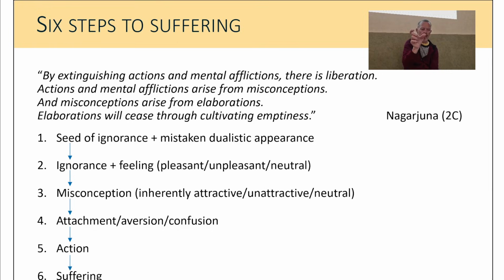And here the word elaboration is another word for ignorance. And then elaborations or ignorance will cease through cultivating emptiness. So he's telling us how to overcome suffering, how to achieve liberation through cultivating this wisdom of emptiness, this vipassana practice of emptiness that we're going to look at tomorrow afternoon.